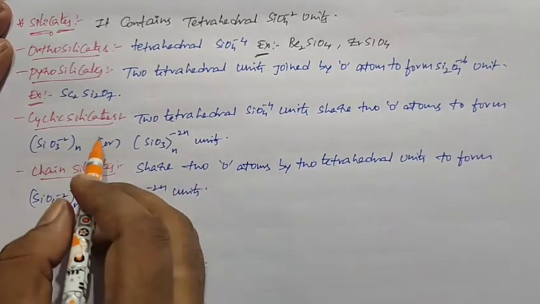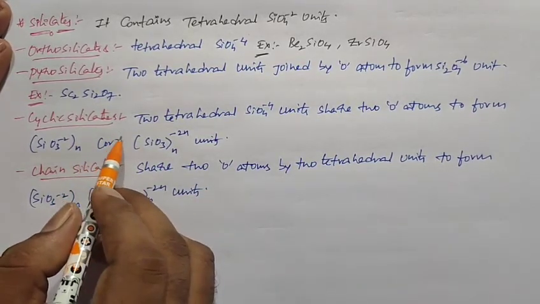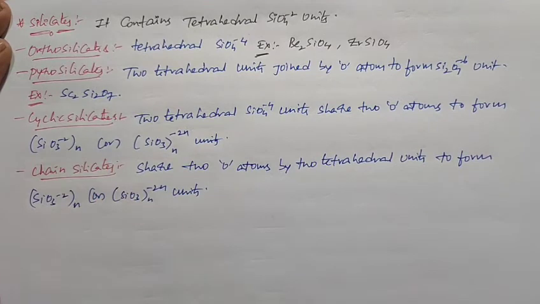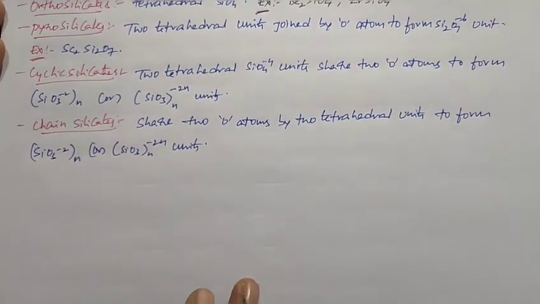The only difference between cyclic and chain silicates is that cyclic ones are in closed ring form, whereas chain silicates are in open chain form.